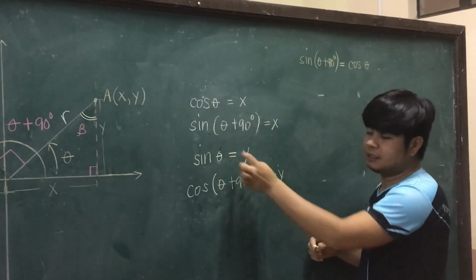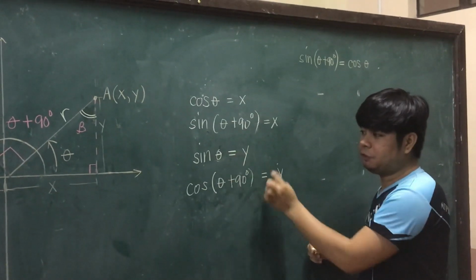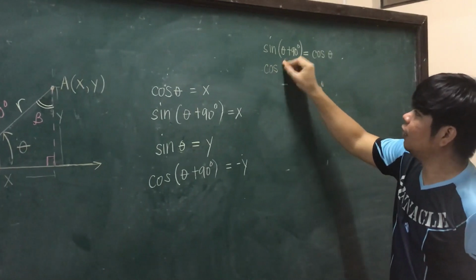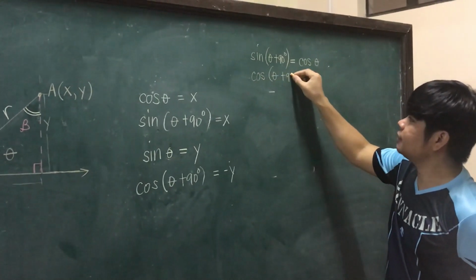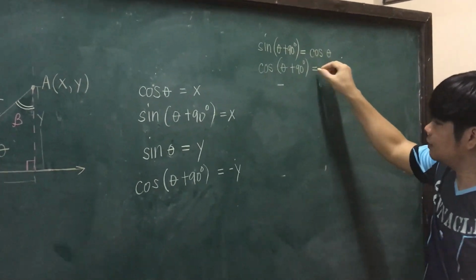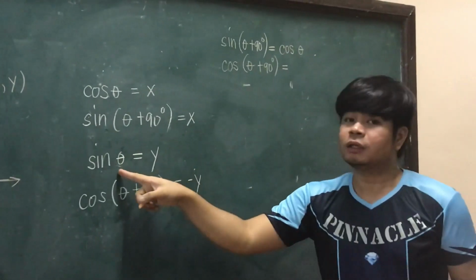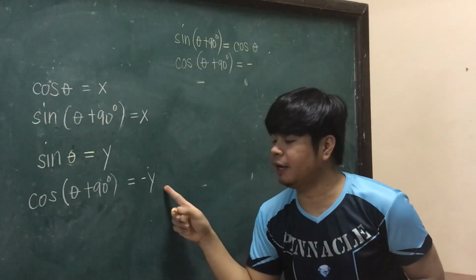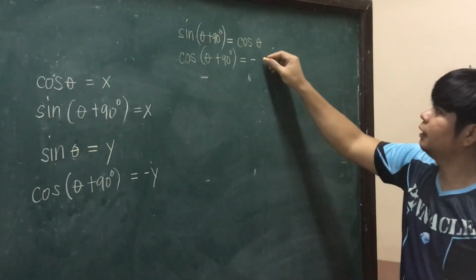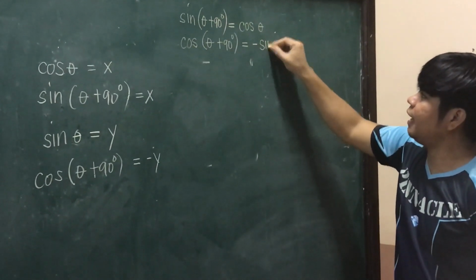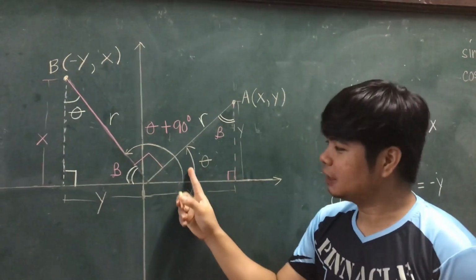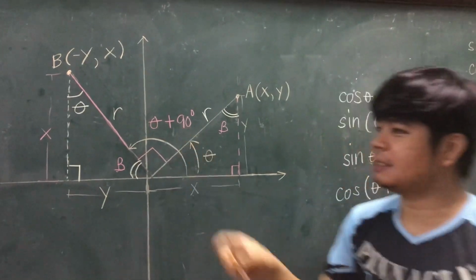So for them to be the same, we can say that cosine of theta plus 90 degrees is equal to negative, because this one is already negative y, so this must be negative sine theta.